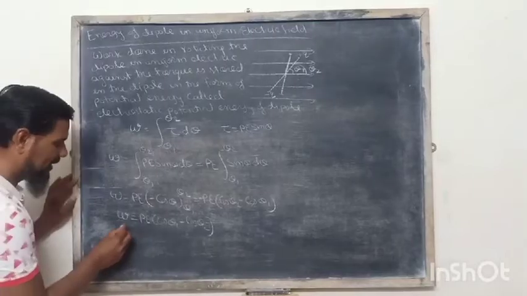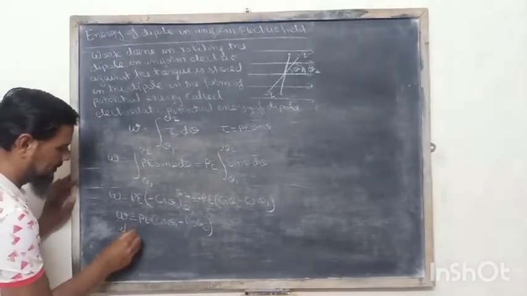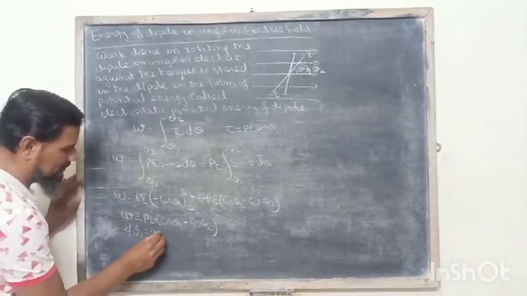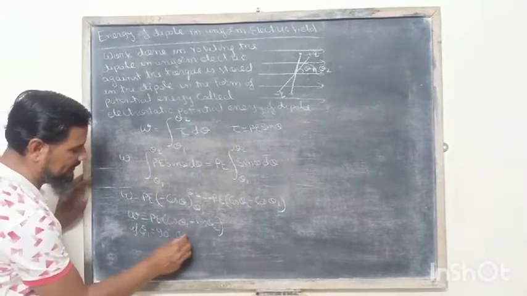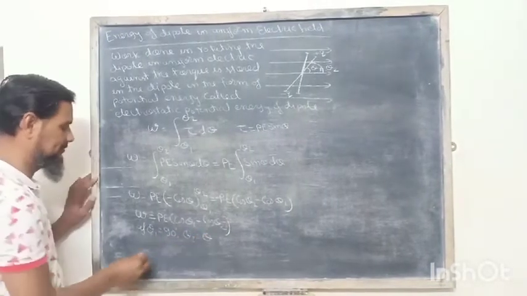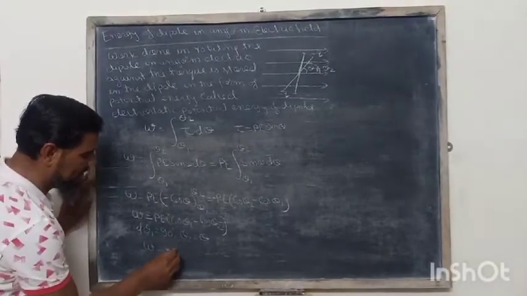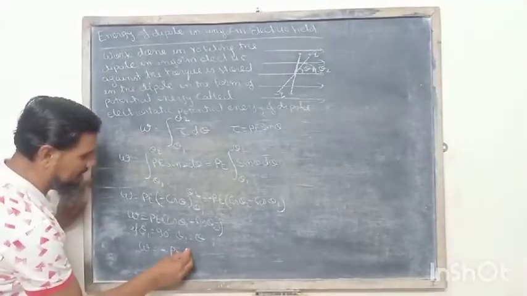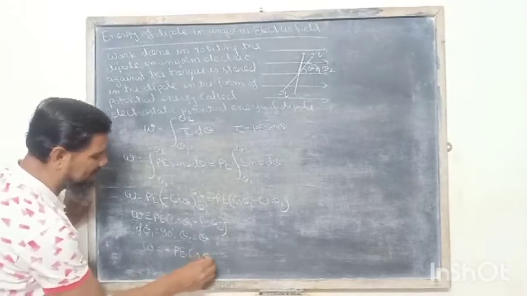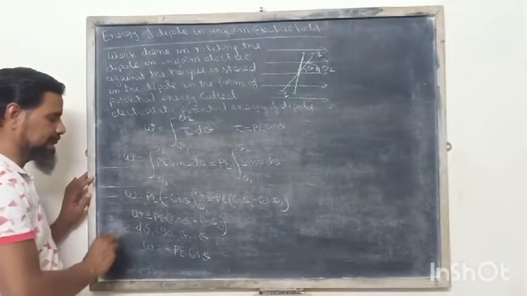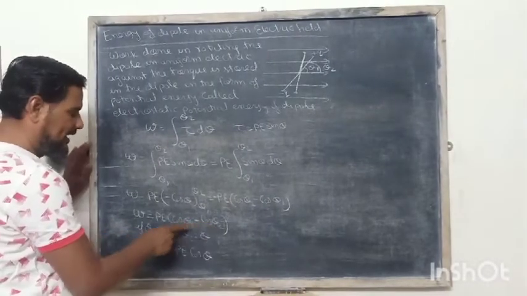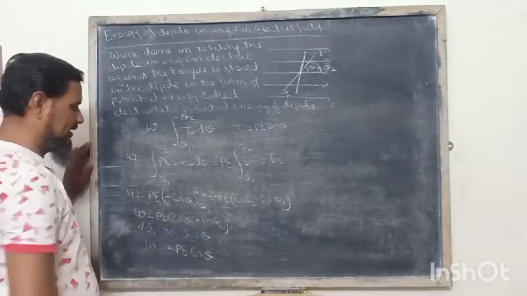If theta 1 is equal to 90 degree, theta 2 is equal to theta, so W is equal to minus Pe cos theta. This is theta and cos 90 is equal to 0.